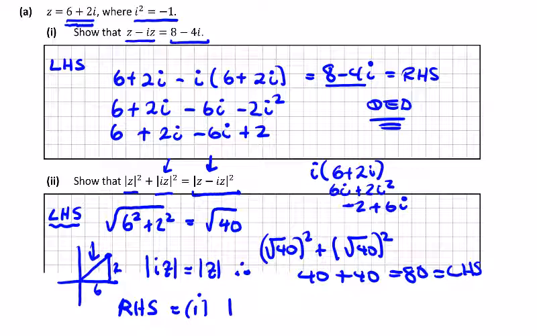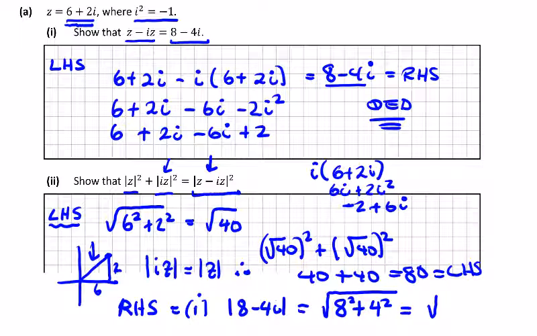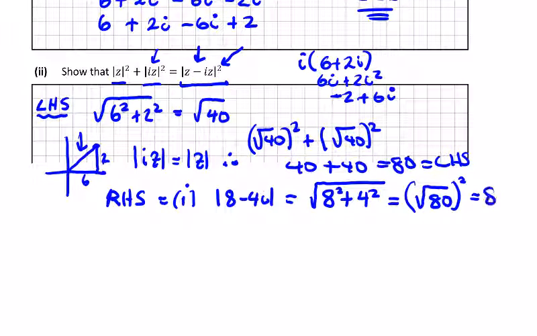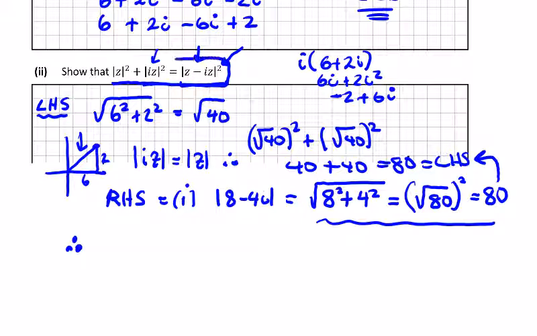The modulus of 8 minus 4i equals the square root of 8 squared plus 4 squared. 64 and 16 is 80. So we have the square root of 80 to be squared, which you can say is equal to 80, which is equal to the left hand side. Therefore, you can rewrite this whole expression from the beginning to show the examiner exactly what you've done.